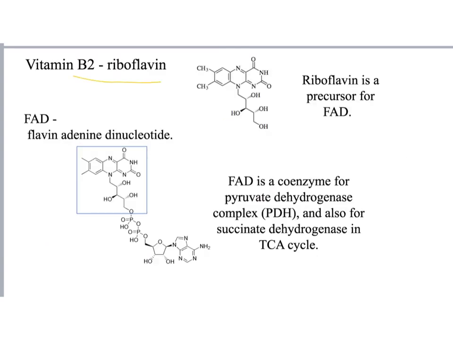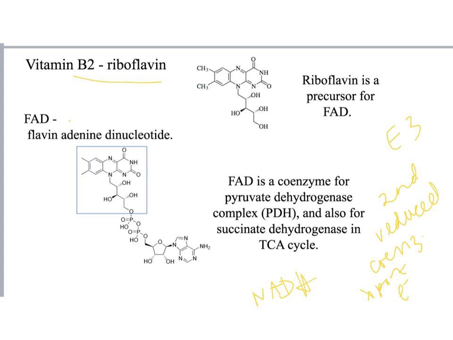Vitamin B2, which is riboflavin, now we're into enzyme subunit E3 of the PDC, and this is our second reduced coenzyme that will also transport electrons. So it's sort of analogous to NADH. Let's see.